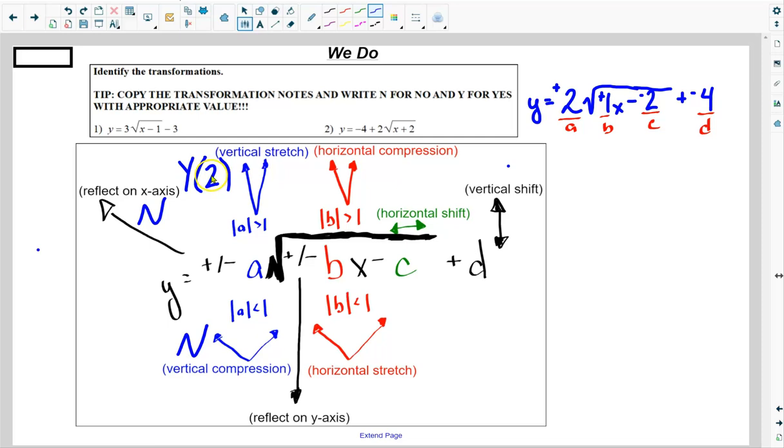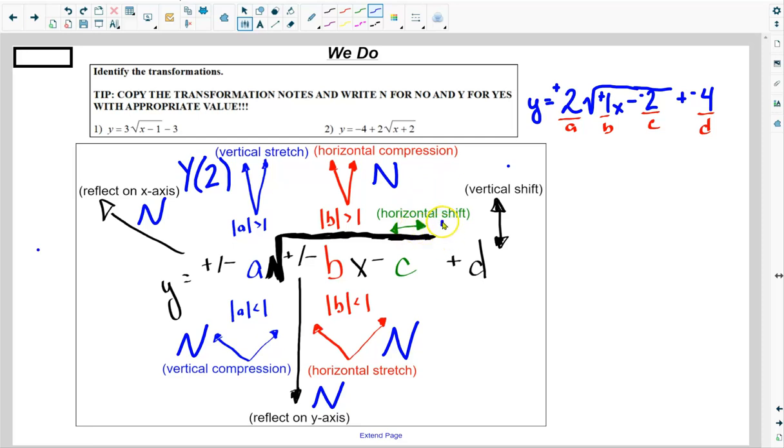Let's move on to a reflection on the y-axis. You need to look at the sign here. It's a positive, so it's a no. Then next up is the B, which is 1. Is B less than 1? No. Is B bigger than 1? No. So that means no horizontal stretch or compression. Now let's move on to C. C is negative 2, so there is a horizontal shift.